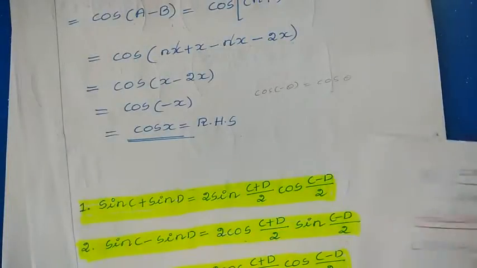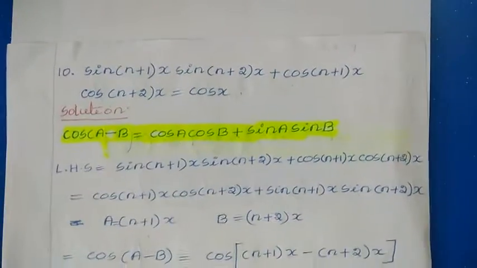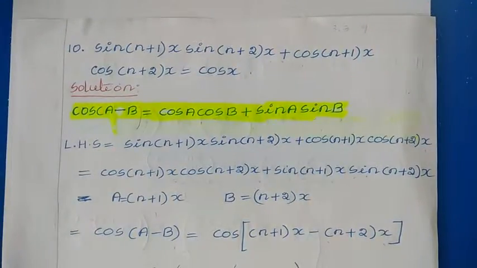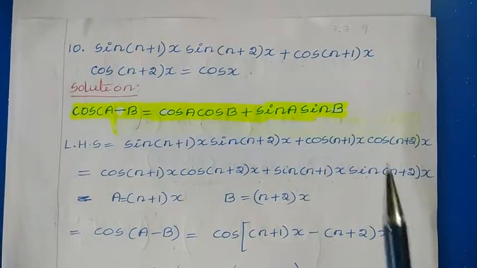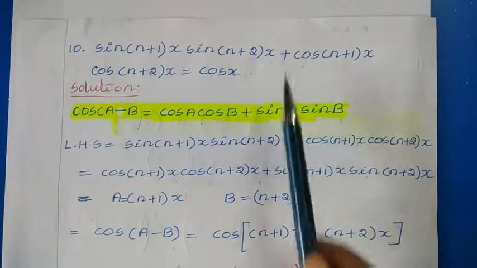Next here we will discuss the 10th question. The 10th question is that sin (n plus 1)x into sin (n plus 2)x plus cos (n plus 1)x into cos (n plus 2)x is equal to cos x. Here we can use the formula cos(a minus b) is equal to cos a cos b plus sin a sin b. Generally in this case, they have given the right hand side of the formula.